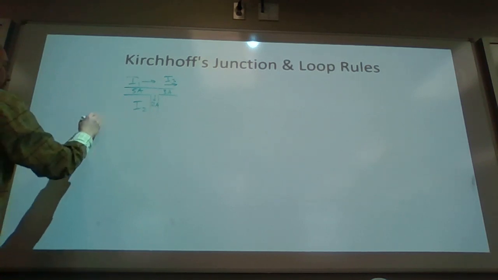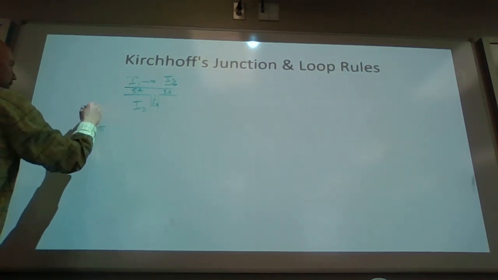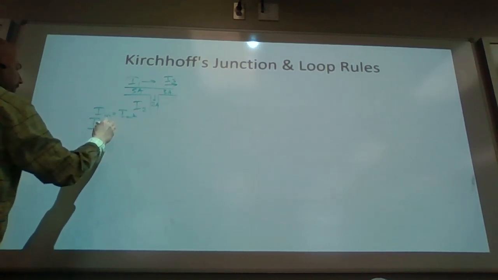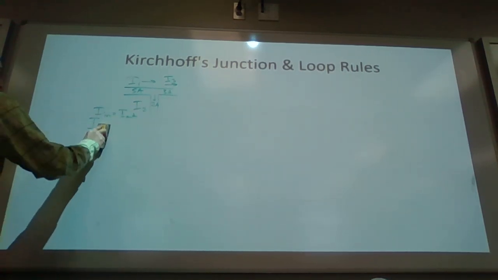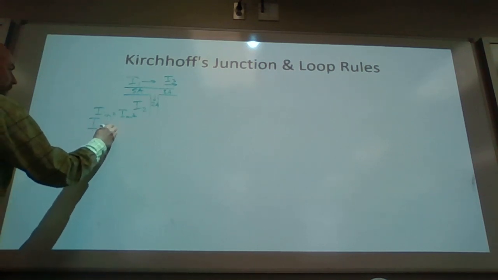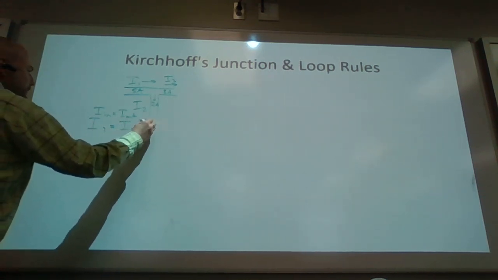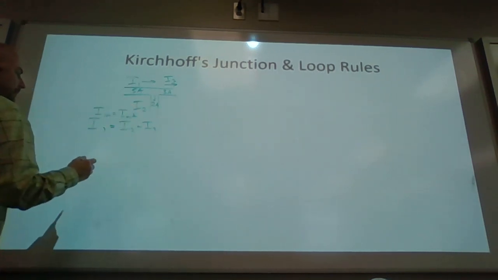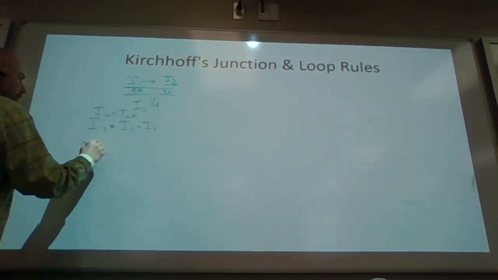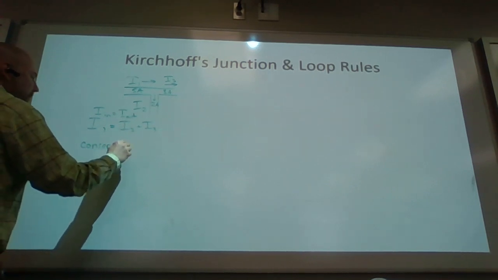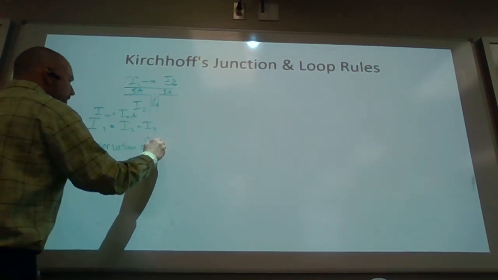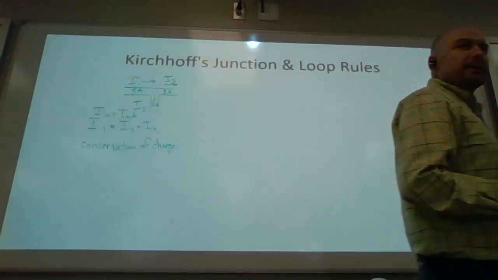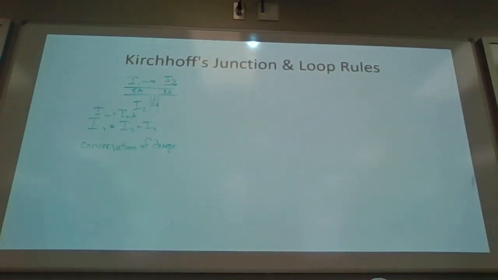So, junction rule says current in equals current out. So this is current 1 is equal to the sum of current 2 and 3. All right, so this is a conservation of charge.